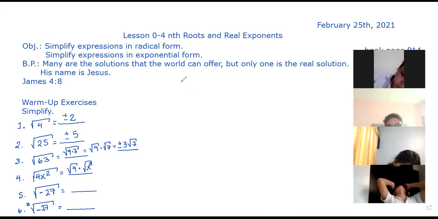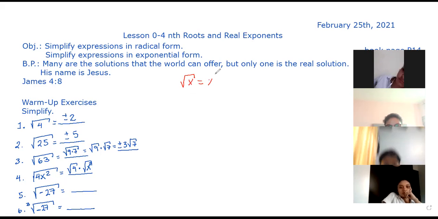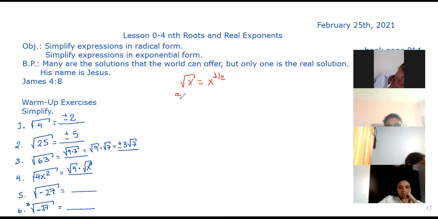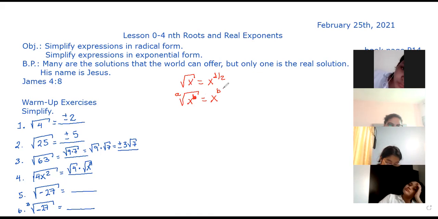If you have the square root of x, you can rewrite this as x to the 1/2. If you have a radical expression, the nth root of x to the b over a, you can rewrite this radical expression using rational exponents, x to the b over a.